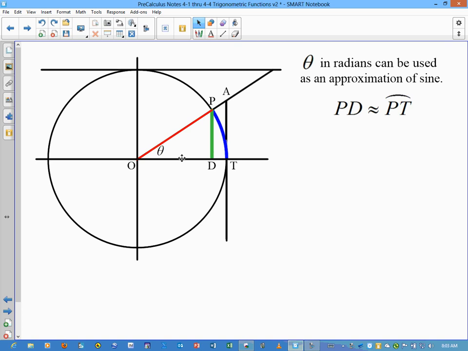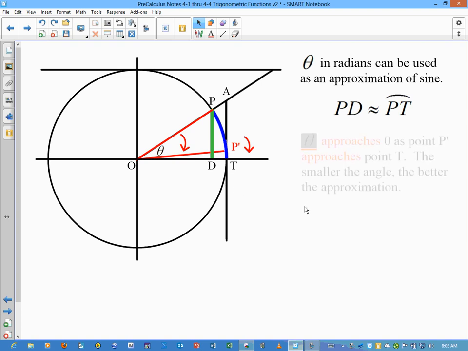Well, if your theta is a small angle, then the angle itself can be used as a numerical approximation for the sine of that angle. And that's because as this side gets closer and closer, let's close up this angle to where P moves to P prime, for example. So as P goes to P prime, then theta is getting smaller and smaller.